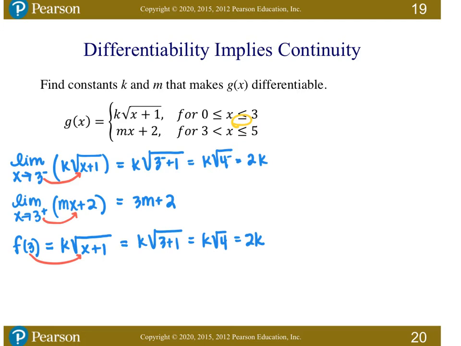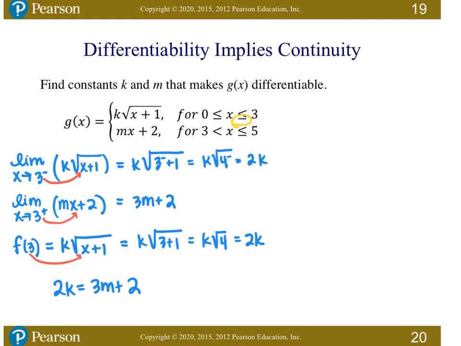And these all have to be equal to each other. So 2k has to be equal to 3m plus 2. All of these have to be equal to each other.